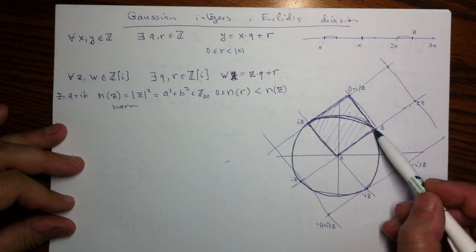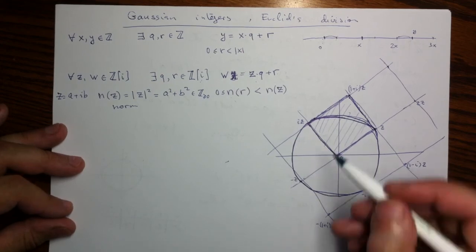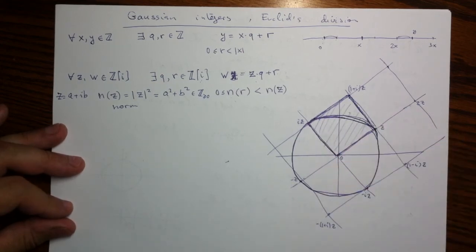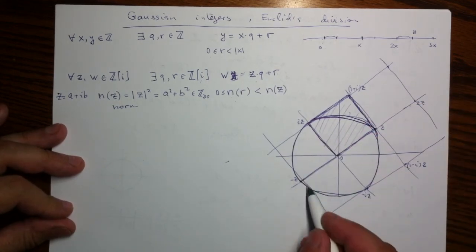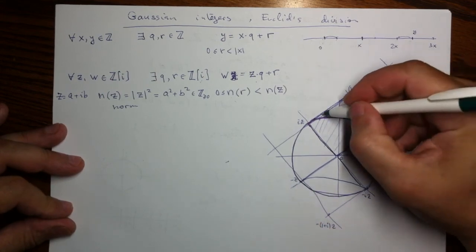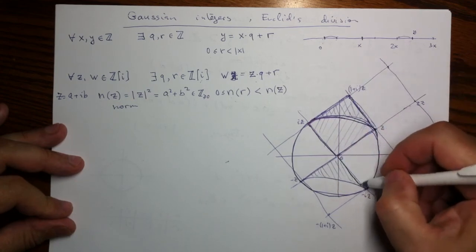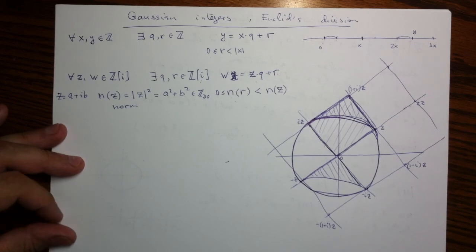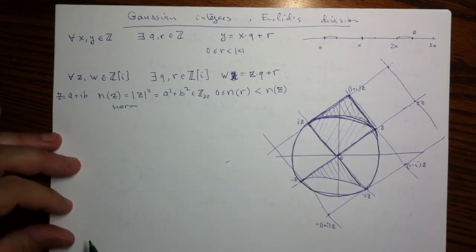This square was very convenient for translating everything in, but now I want to translate everything inside this fixed circle. So I can take this region which is outside the circle and translate it by moving here and then moving downwards. And what I will end up with is this part of the circle. So this bit is being translated into this bit. Now I'm inside the circle. Now everything is firmly inside the circle, so I have a geometric argument in favor of this version of Euclid's division.